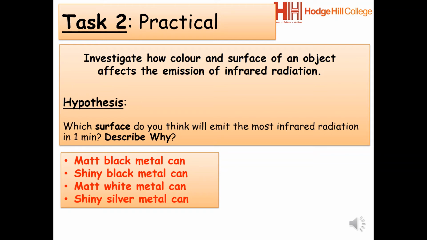Now, the question that we have is, which surface do you think will emit the most infrared radiation in 1 minute, and describe why? Now, there are 4 different surfaces: your matte black metal can, the shiny black metal can, the matte white metal can, and the shiny silver metal can.